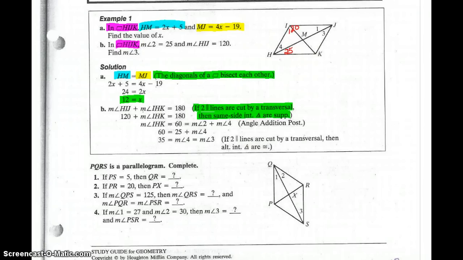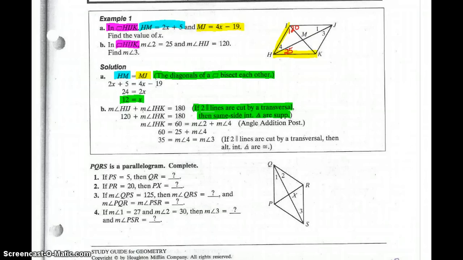Now I misspoke. This is not a property. We're actually using the definition of what a parallelogram is. So I know that HIJ and IHK are supplementary to each other, which means when I add them together, they equal 180 degrees.